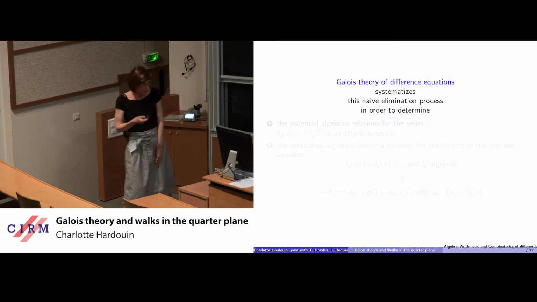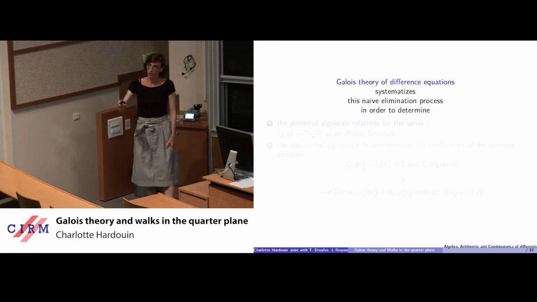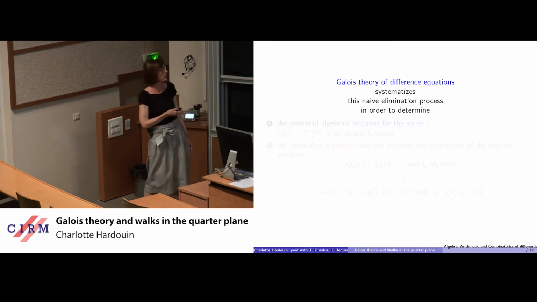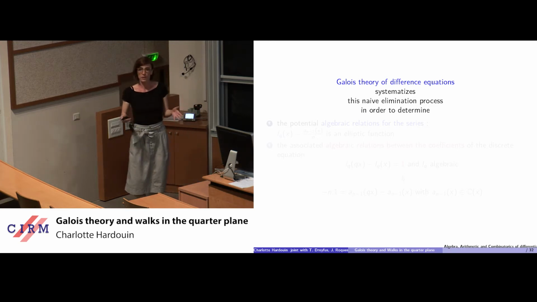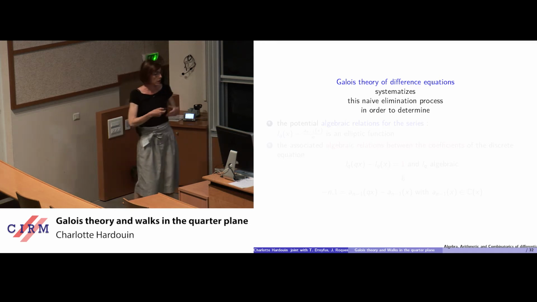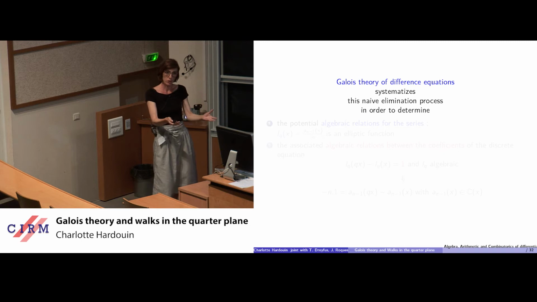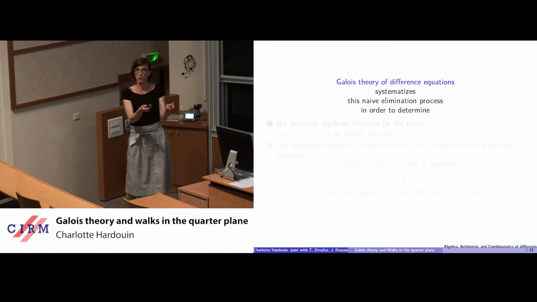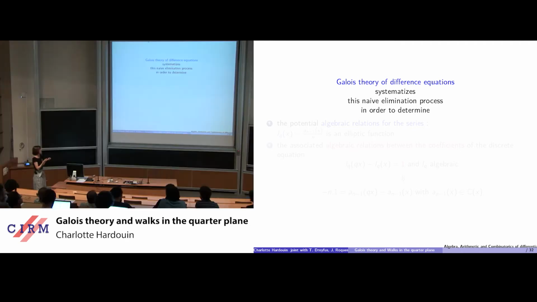Well, so the Galois theory of difference equation, which is a discretization of the Galois theory of differential equation of Picard and Vessiot, systematizes this naive elimination process. In fact, out of the structure of the equation, we get an algebraic group whose structure encodes the algebraic relation between the functions. So first of all, the goal of this series is to determine the potential algebraic relation for the series.